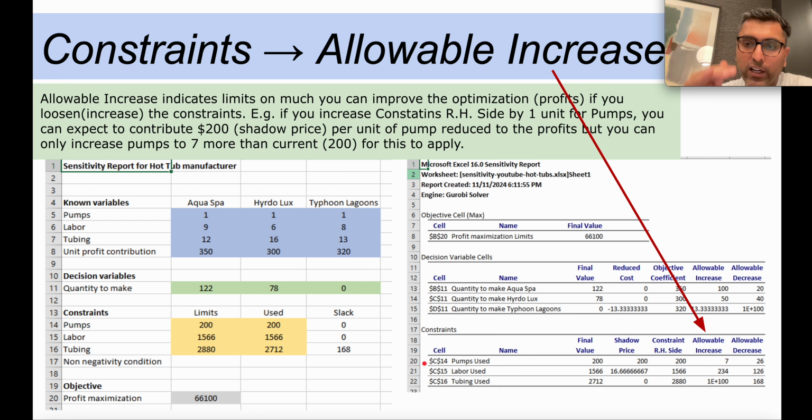But all of these allowable increases and decreases, for each of these rows, assume you're changing one variable only. Meaning, if you increase, in this case, let's say 7 pumps, you're not also increasing quantities of aquaspas at the same time. You're just increasing this one item, and you're keeping all of these other things the same.